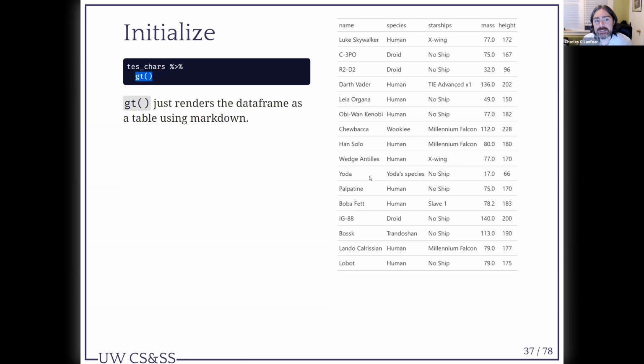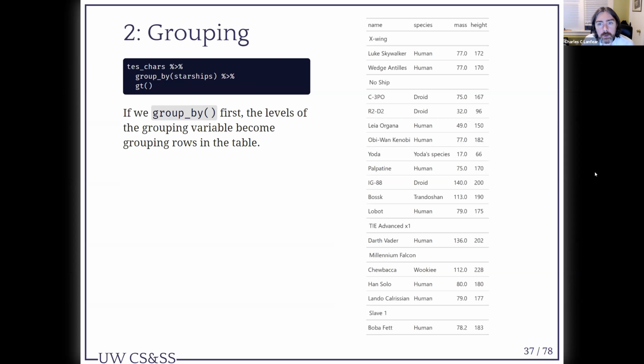So this is a basic GT table. GT just renders that data frame as a plain thing, kind of looks like a table generated by pandas or something, right?